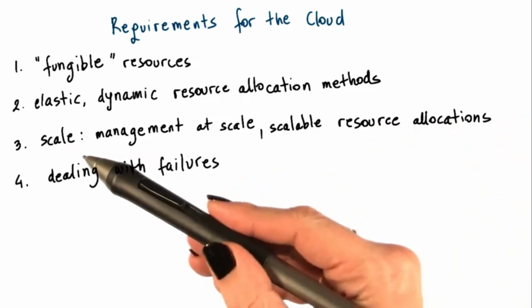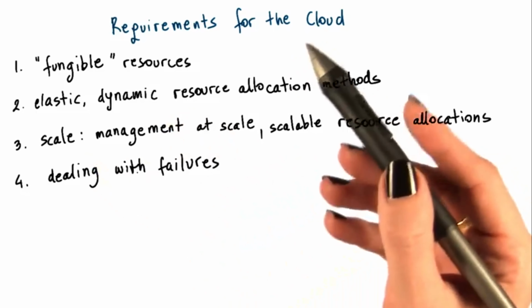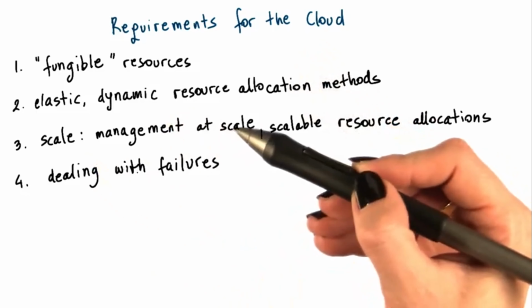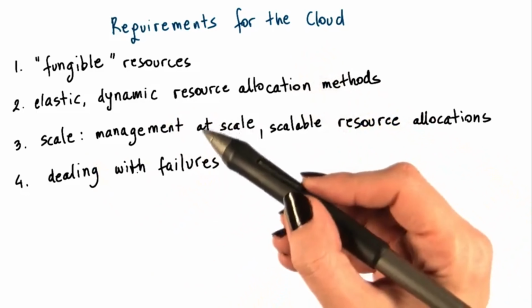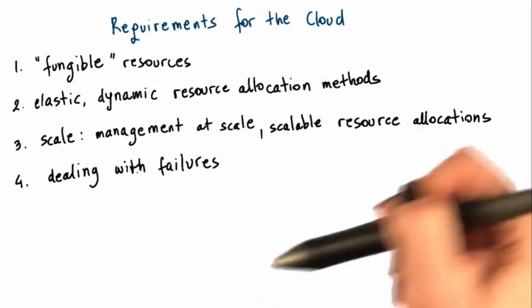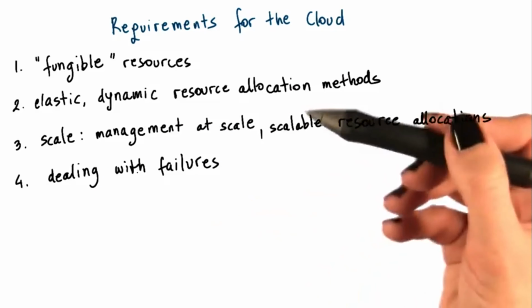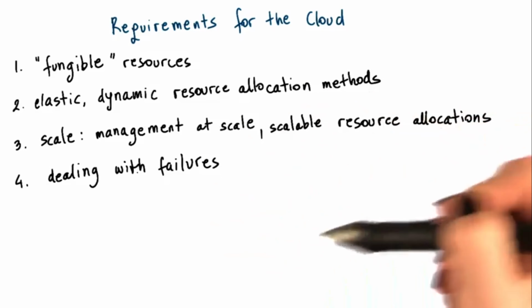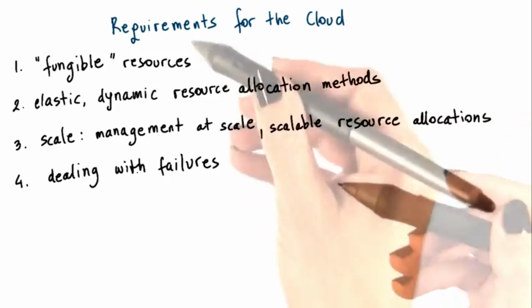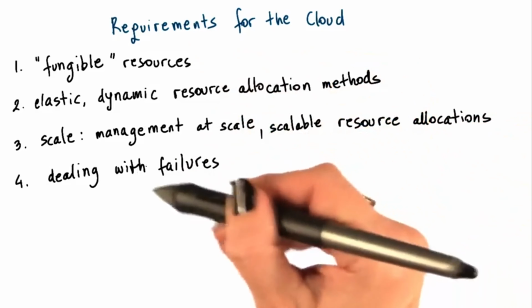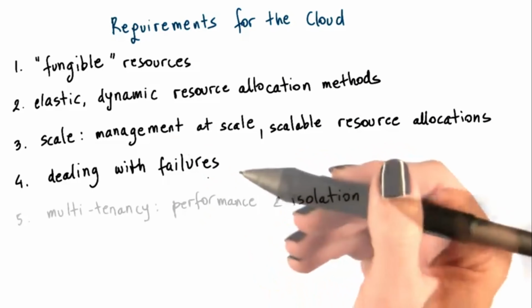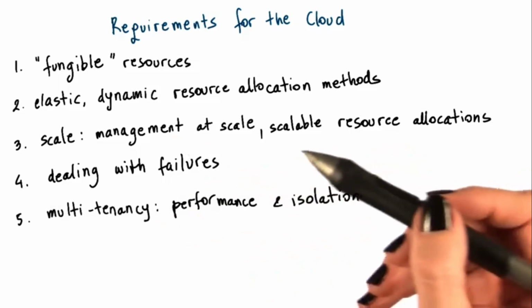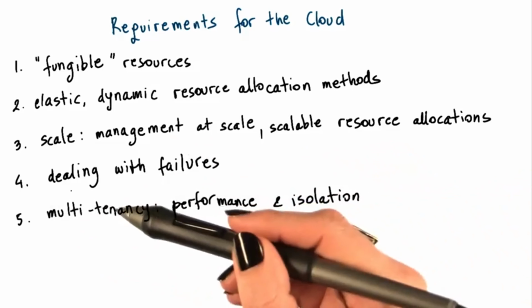Once scale is introduced, failures become inevitable, really. If we have some probability that one component in the system will fail, the more such components we put together, the greater the probability that something in that collection will fail. So we have to incorporate mechanisms to deal with failures. Clouds, by definition, are shared resources across multiple tenants.